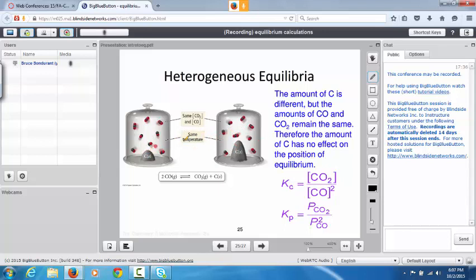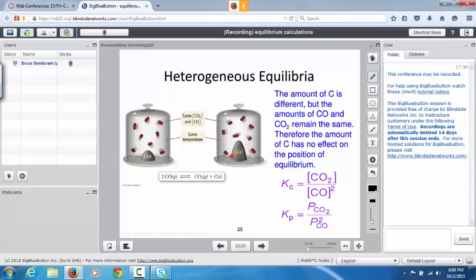Here you have carbon in equilibrium with carbon monoxide and carbon dioxide, and 2CO goes to CO2 plus C. It's not going to matter how much carbon you have, because only the carbon on the surface will actually react.